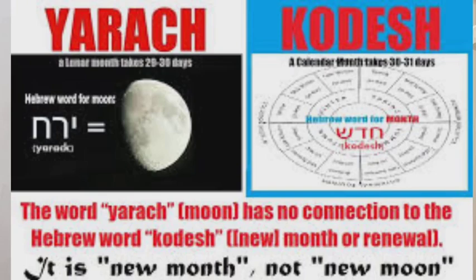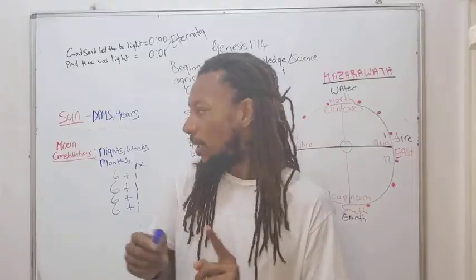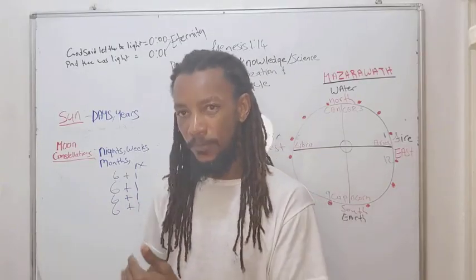So if you hear the word yarak, then you know it's talking about a month. So the moon is used in the context of the period of a month. If you hear the word kadash, then the moon is talking about what? The new moon. The new month.